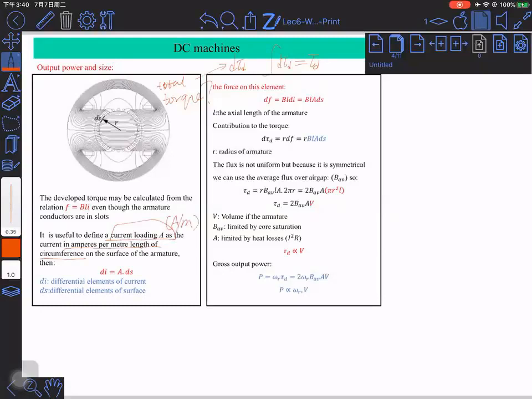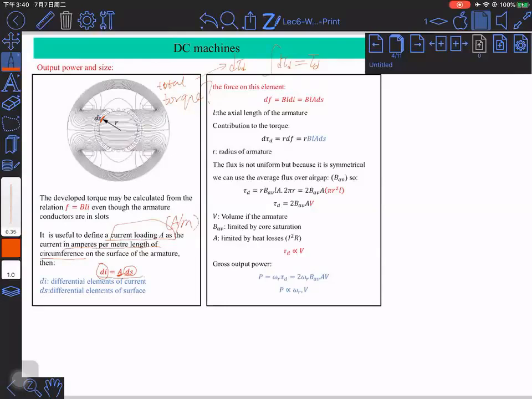And if we pick up this infinitesimally small part, as shown by the red curve I'm drawing here, the differential element of the current is just equivalent to the current density A, in ampere per meter, times ds. ds is the length of the infinitesimally small part we have chosen, so its unit is meter.